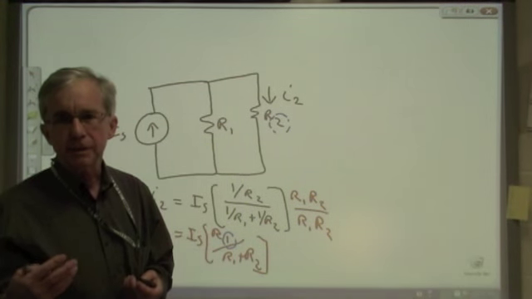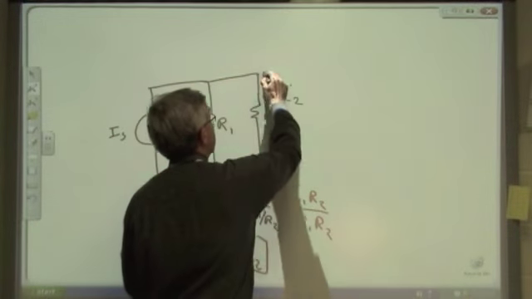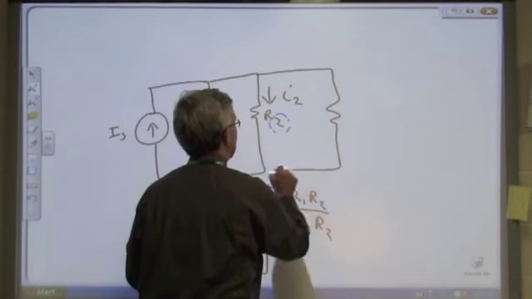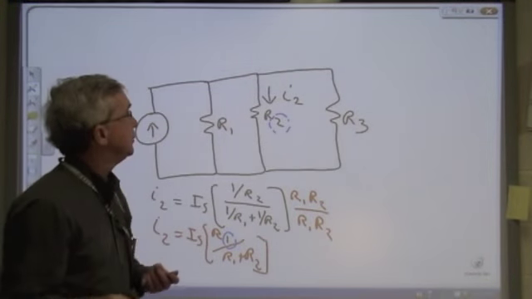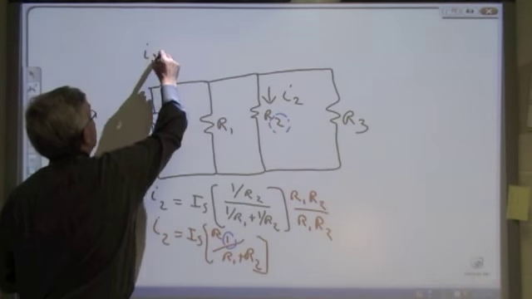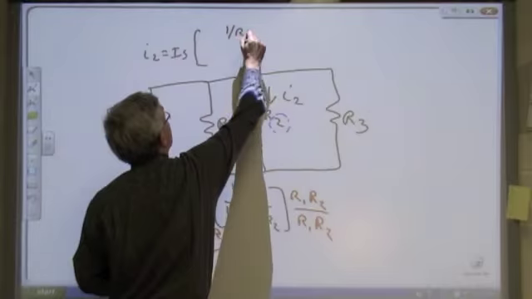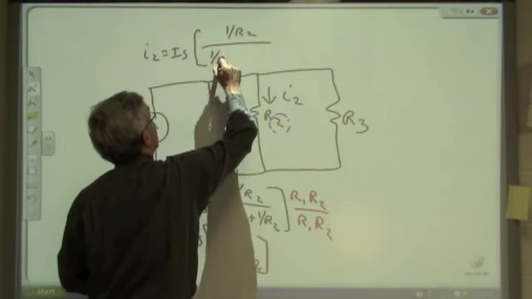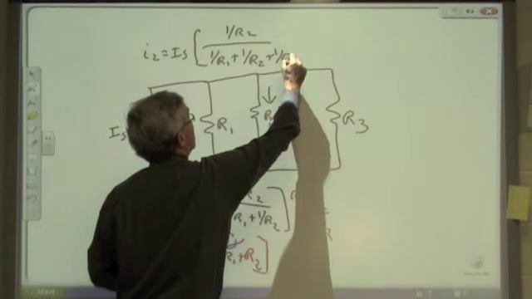If we have three resistors in parallel, let's add another resistor here. Then we have to go back to the more fundamental approach, where we say that I2 is equal to Is times 1 over R2 divided by 1 over R1 plus 1 over R2 plus 1 over R3.